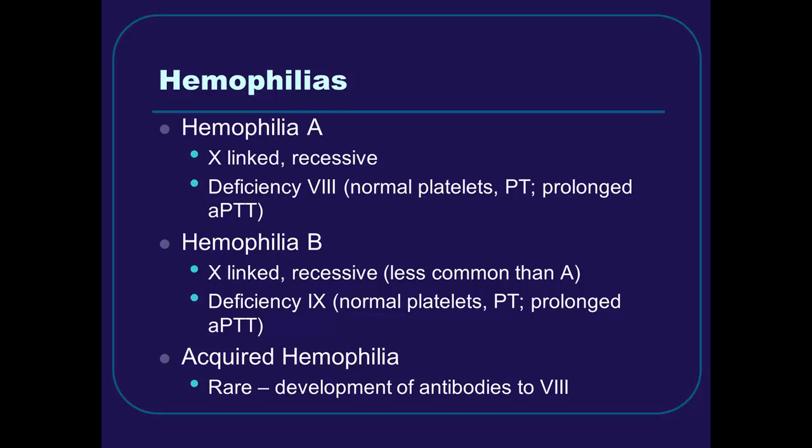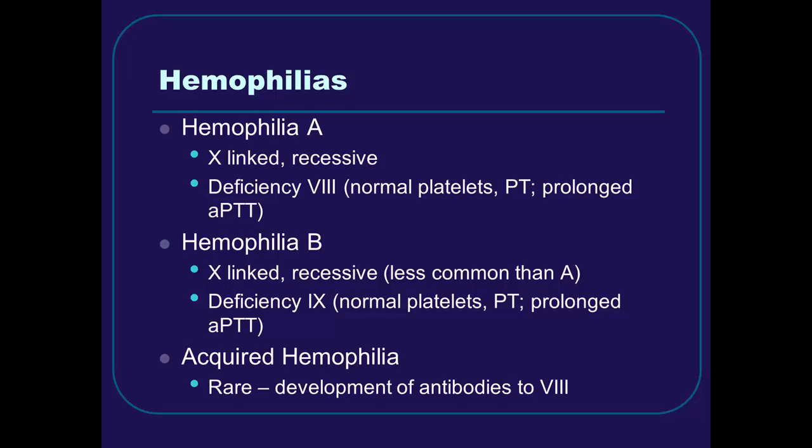And you would see this going through these royal families because there was a lot of intermarriage during those decades. So let's look at both hemophilia A and B, and then a few words about an acquired hemophilia.